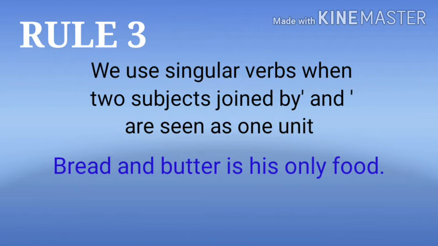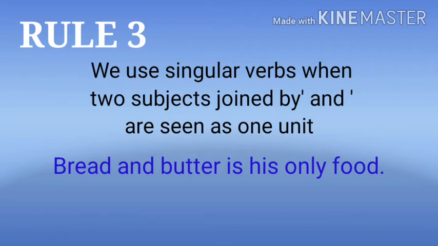In this example, we have bread and butter, two subjects which are joined by and, as in our rule 2. But here the difference is that you are considering them as one idea. So, here the verb used is singular. Please don't get confused with our rule 2.